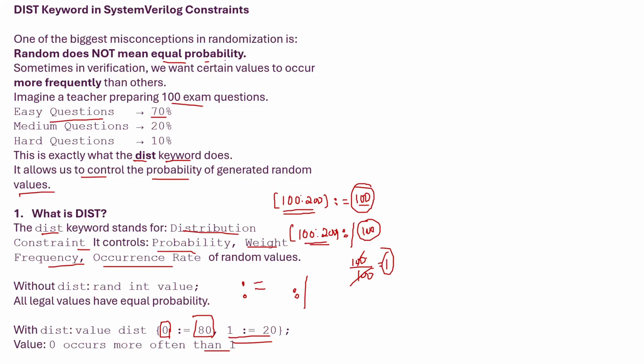Suppose 0 to 1000 is there. That means 1000 numbers are there. And you are repeating 2000 times. Okay, 2000 divided by 1000. What is the value? 2. Okay, so that means 0 to 1000 values: 0 will be repeated 2 times, 1 will be repeated 2 times, 2 will be repeated 2 times.